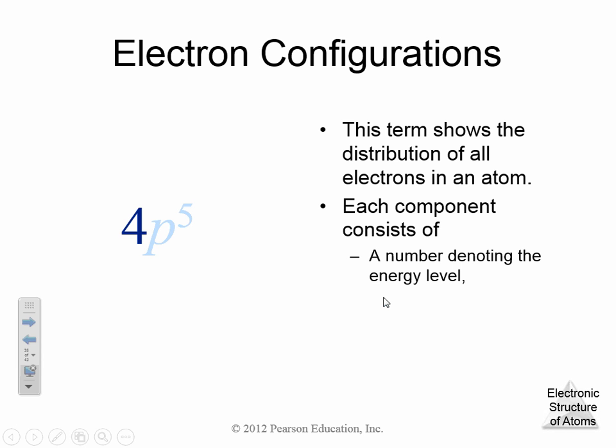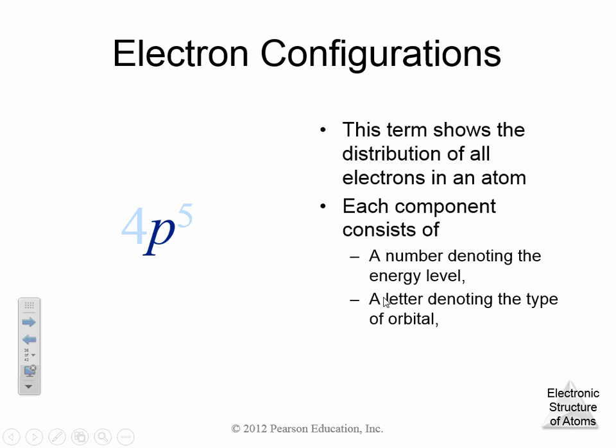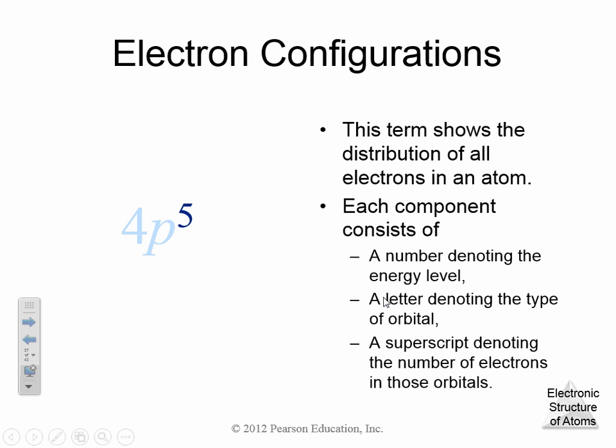The 4 represents the energy level, or the principal quantum number. The p represents the orbital or the sublevel, which is essentially the angular momentum number. And the 5 represents the number of electrons in that orbital.